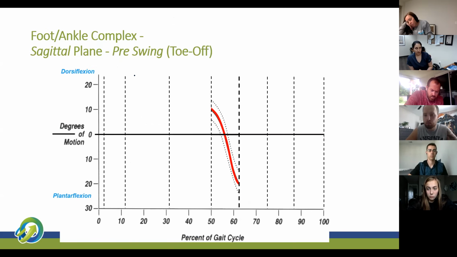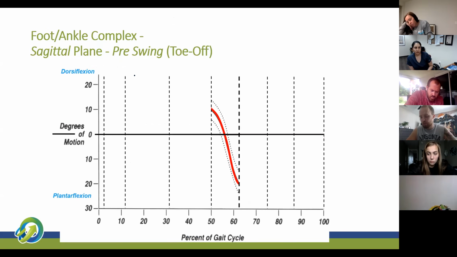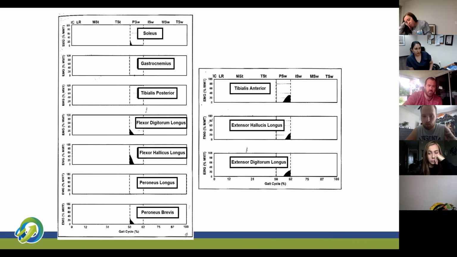Okay. So then we're going to look at the pre-swing, and here we can see the toe off. It's more of a dorsiflexion getting more into plantar flexion now. Here we can see what muscles are going to start working more intensely at the different levels. From seeing the EMG, the tibialis anterior has the most work at the pre-swing phase.